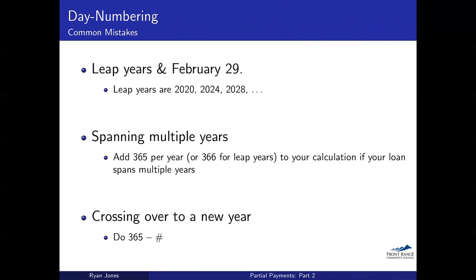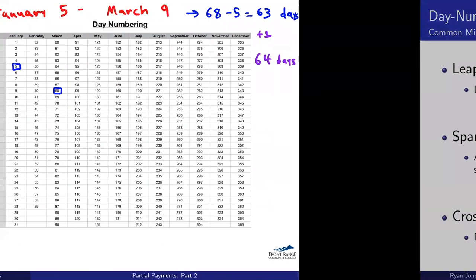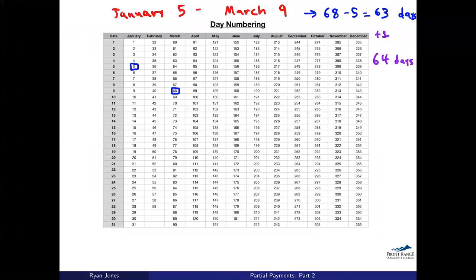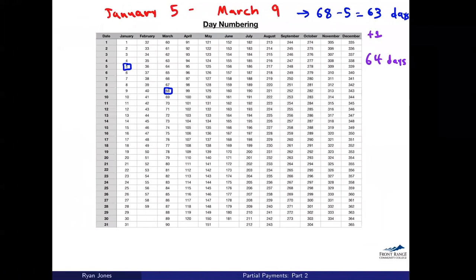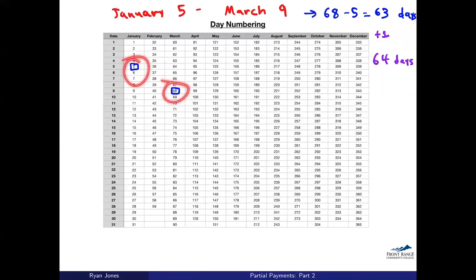The other issue with this is if I span multiple years. So maybe I tell you that I go from January 5th of 2020 to March 9th of 2021, and you have to span a whole year there. And so obviously doing your subtraction here, that's going to give you your 63 days, but we're actually looking at a whole year as well as these 63 days.